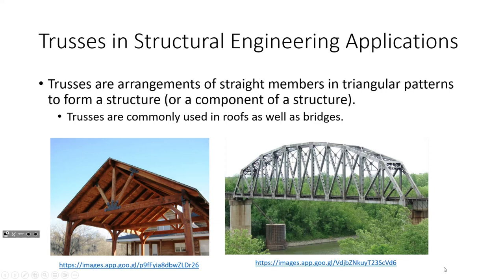So trusses, if I wanted to give you a basic definition, are arrangements of straight elements in triangular patterns to form a structure, or a component of a structure. You tend to find trusses applied in 2 primary areas. The first is bridges, but also roof systems.